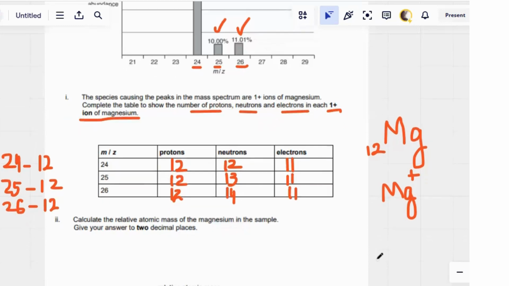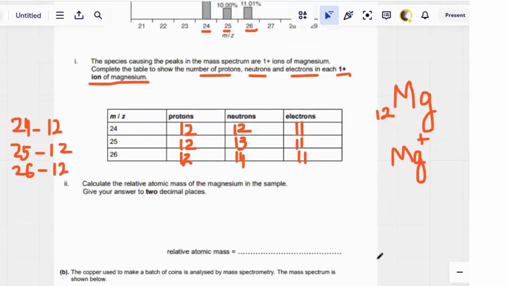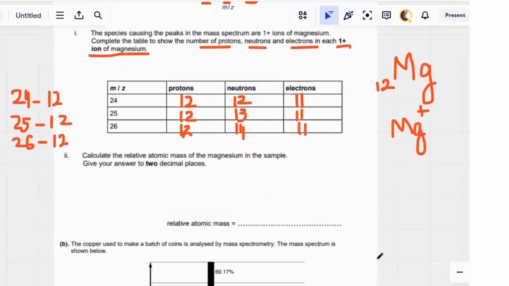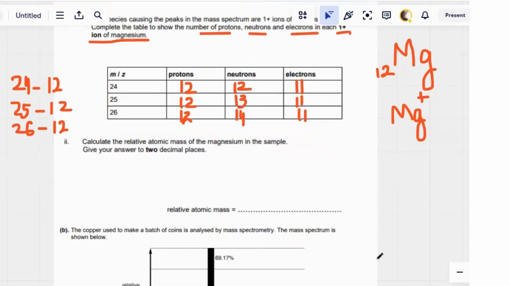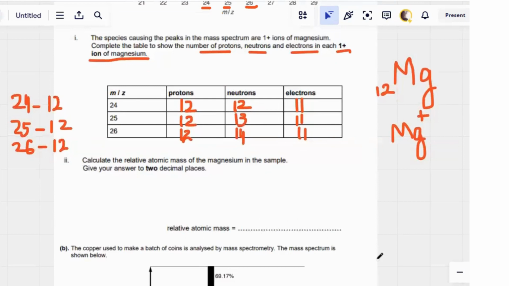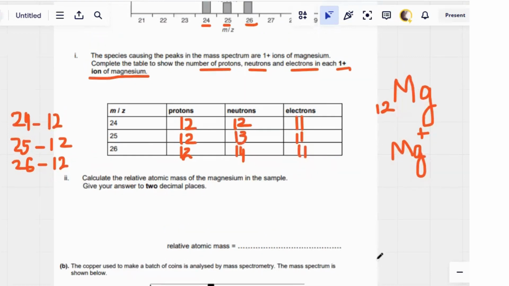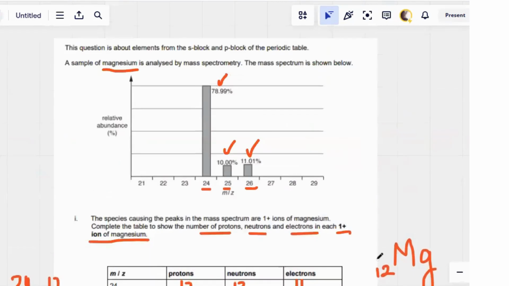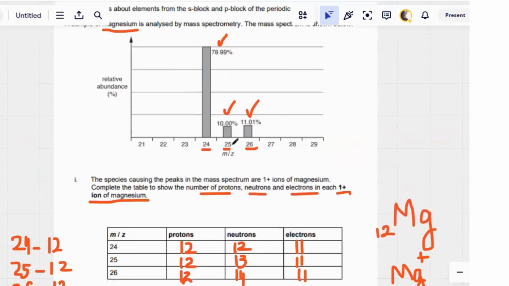Let's see the next question. Calculate the relative atomic mass of magnesium in the sample. Give your answer to 2 decimal places. How can we find the relative atomic mass? It is simple. Just multiply the mass with the relative abundance. For magnesium 24, it is 78.9.